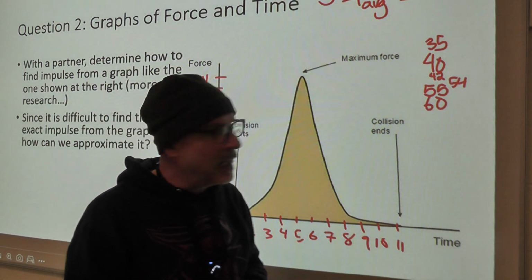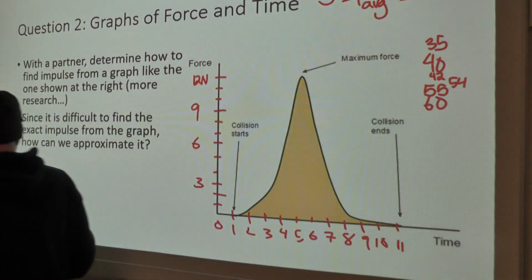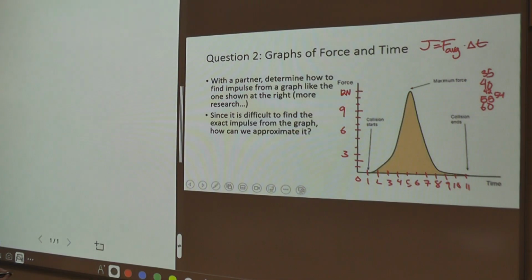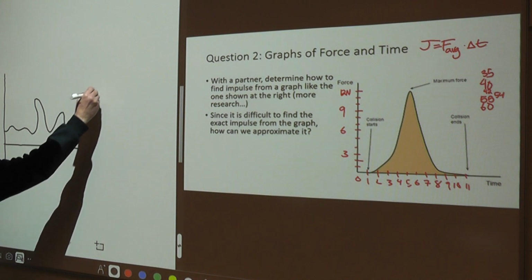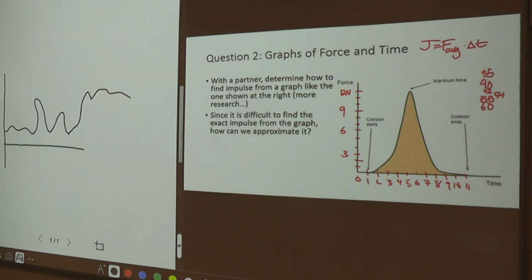The problem with that approach is, what if the graph looks a little bit different? What if the graph looked more like this? That's ridiculous, but you get the idea. This is a little bit more difficult to figure out the average force for.